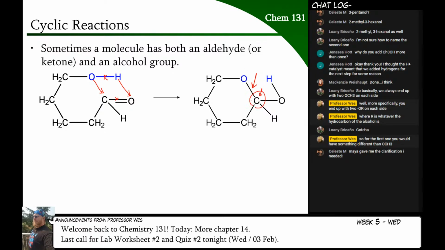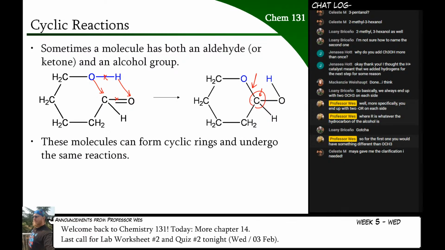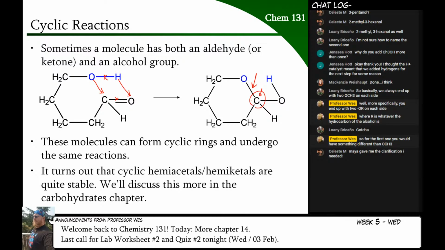This is a special carbon. It's called the anomeric carbon. We're going to talk more about that in the carbohydrates chapter. But suffice it to say, if you do this cyclic reaction, then what you end up with is a product that is pretty stable. Now, they can still unravel, but they will tend to stay in this form more often than not. So it is possible to go back.